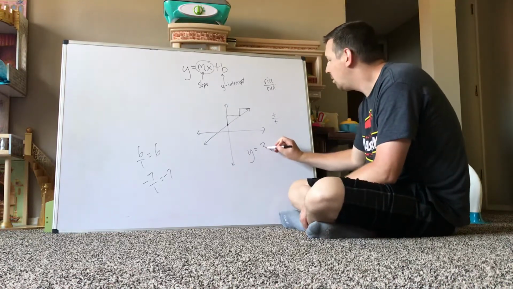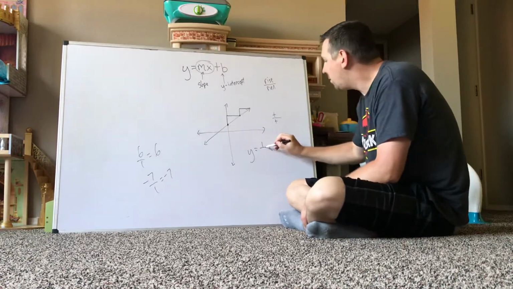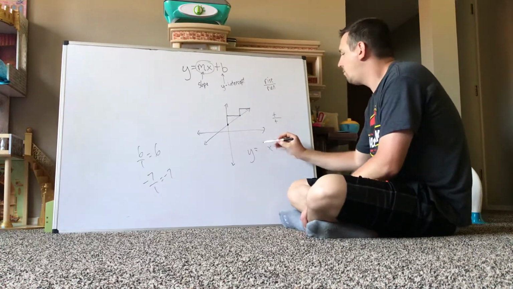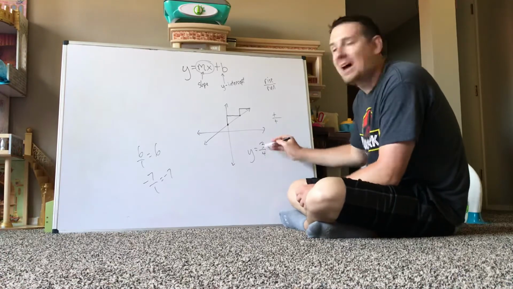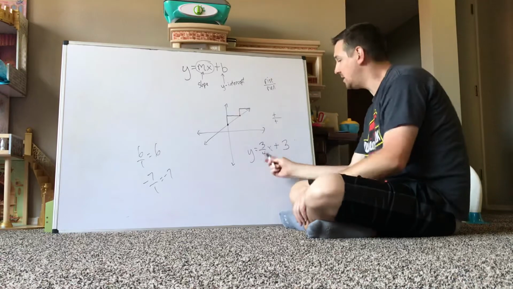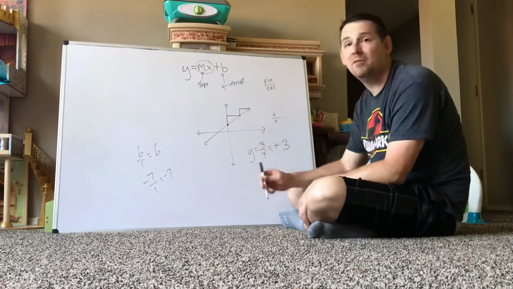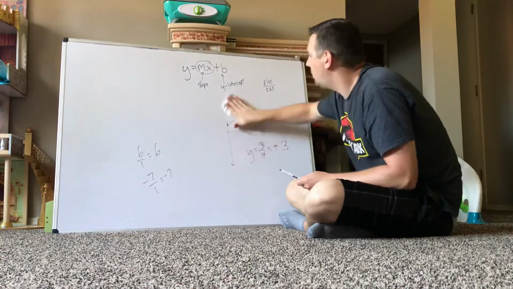So it could be 3, it could be 1/3, it could be 3/4. It just has to be a positive number there because this graph is going up. So it has to be a positive slope, and it has to be a positive y-intercept because it's above on the y-axis. Let's try another one.